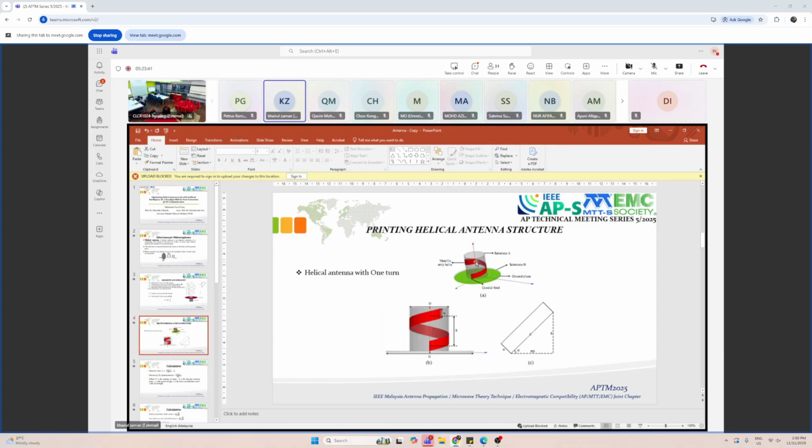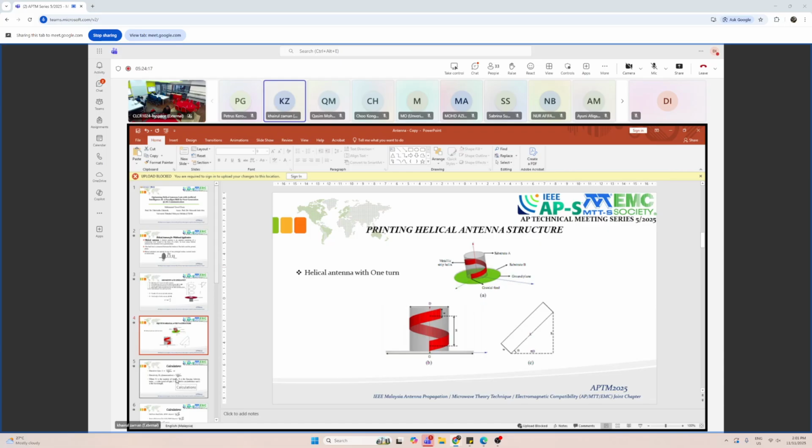Here we're using a cylinder, which is considered substrate A, and here is substrate B. As we can see here, the red one is the strip helical antenna, or the copper tape. We use it for the printed helical antenna. So here we present a helical antenna with one turn.